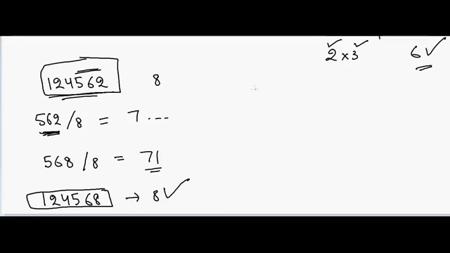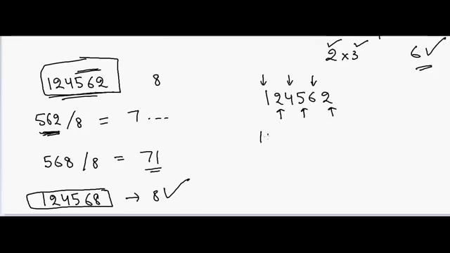Now let's talk about the divisibility by 11. So if I have 1, 2, 4, 5, 6, 2, and I want to find out whether this number is divisible by 11, what I'll do is take the alternate digits. So I'll take this, and this, and this, and then I'll take the other digits, and I add them together.